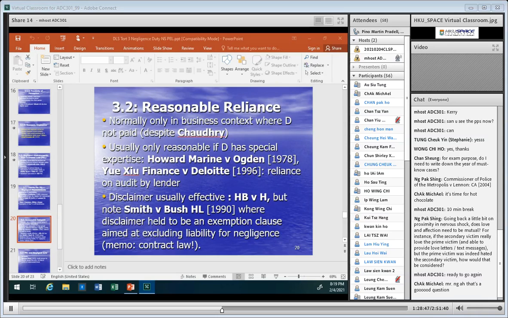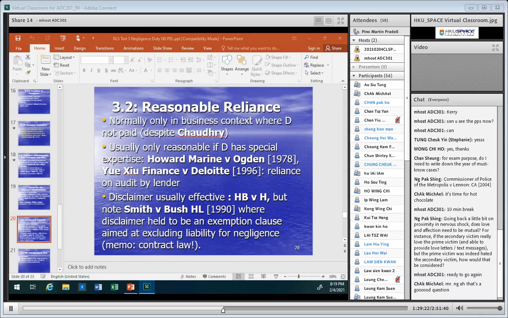And in Smith v Bush, it was a person buying a property, and in order to get the property, the lender, the building society, required a surveyor's report on the condition of the premises. It turned out that the surveyor's report was negligent, and so the potential purchaser sued that surveyor for negligence.